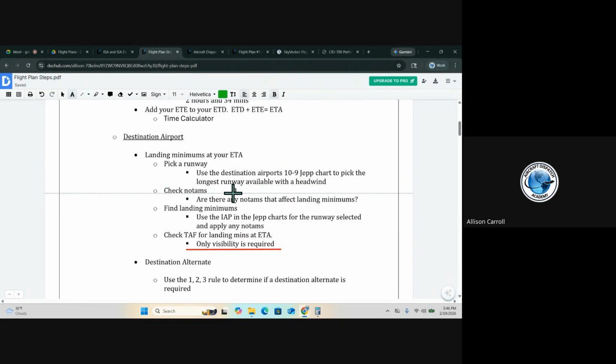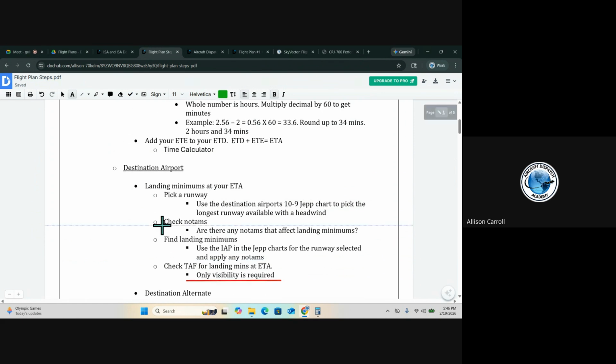Like I said, some people like to go through their NOTAMs first, then pick a runway, and then go back through their NOTAMs. If that's what you want to do, that's fine. I prefer not as much work. So I prefer to pick my runway first and then go through my NOTAMs to see if there's anything that affects my minimums, okay? And then I find my minimums from the jet chart.